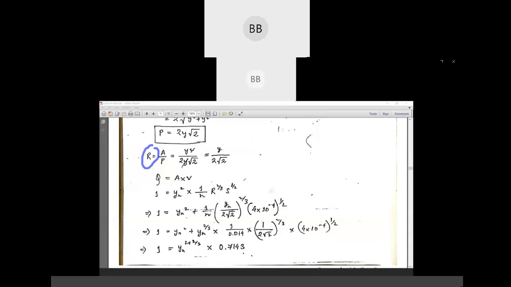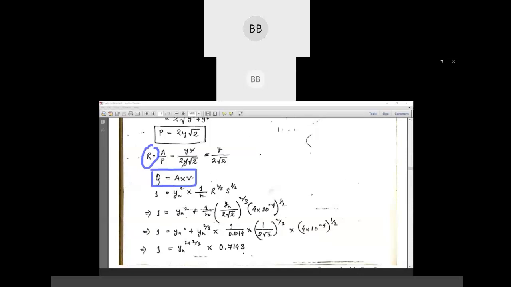Then we have taken the equation of discharge. As discharge is given, 1 meter cube per second, area is again y square. See, as it is called normal depth, that's why I have taken y suffix n. You can directly write y also, no issue.